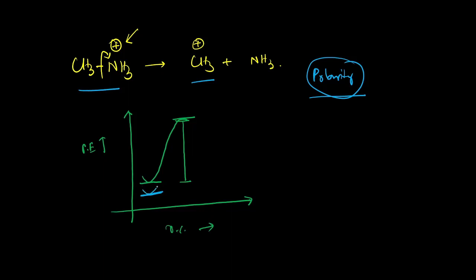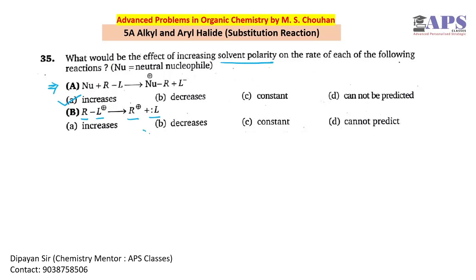This decrease in energy eventually increases the activation energy, so the rate of the reaction will decrease. So in the second option we have a decrease in rate with increase in solvent polarity. So we have two different points of view for these two questions. This is a very interesting property of solvents.